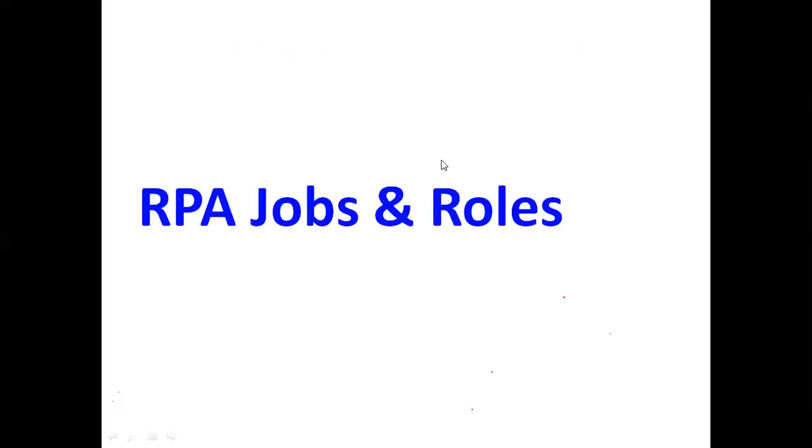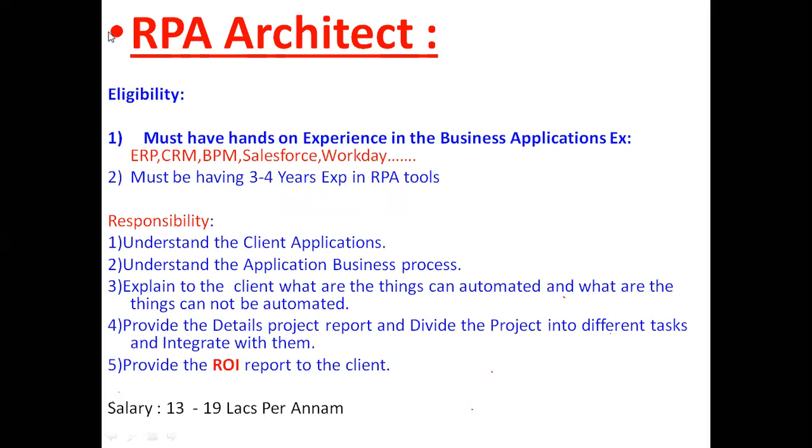Now, what are the types of RPA jobs we have? We have two jobs mainly. One is the RPA architect, a person who interacts with the client directly and tries to understand which business application they are using. This architect must have around 3 to 4 years of experience in automation, and at least 10 to 15 years of experience in other business applications.